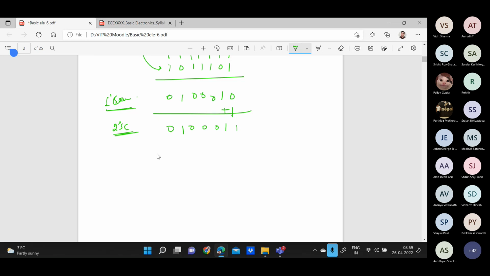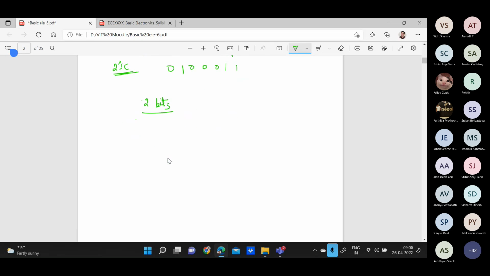Now, the question arises: if you have any numbers and you want to add them, how will I add? You have to add 2 bits only. For example, I'm taking only 2 bits, A and B, which we are adding, right? The possible combinations are: both 0, 0 and 1, 1 and 0, and both 1.